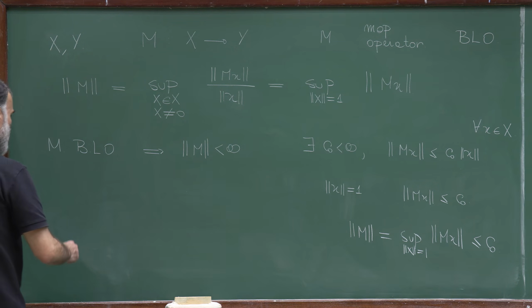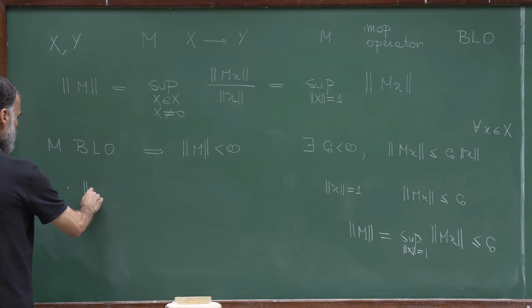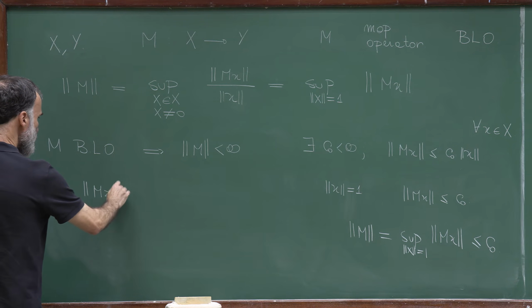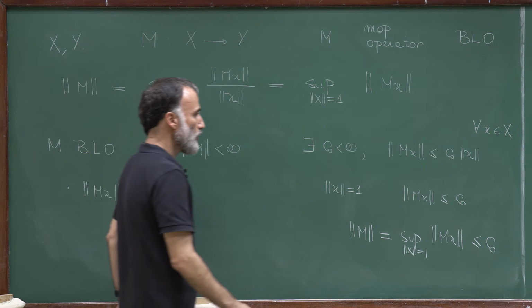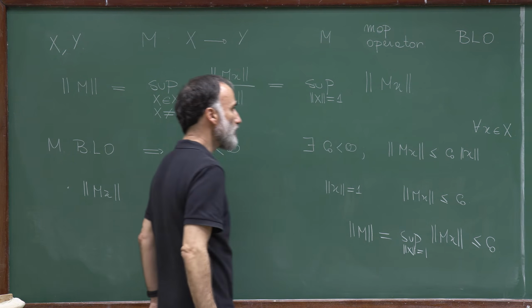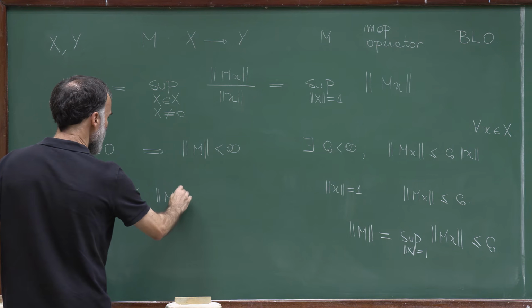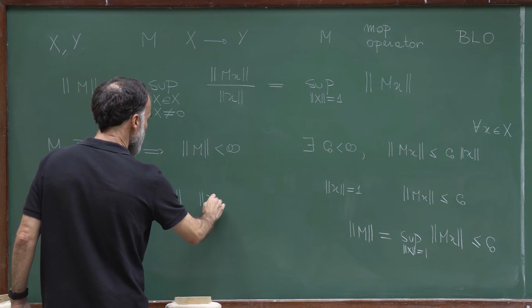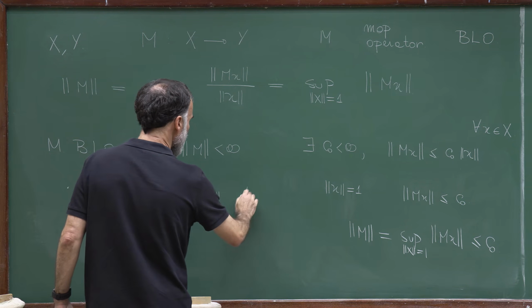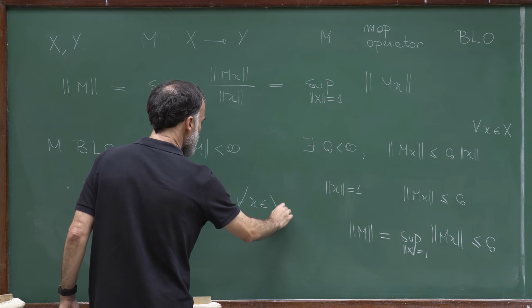Let me prove that this inequality is satisfied with the norm of M here, so that ‖Mx‖ is bounded by the norm of M times the norm of x for all x in X.